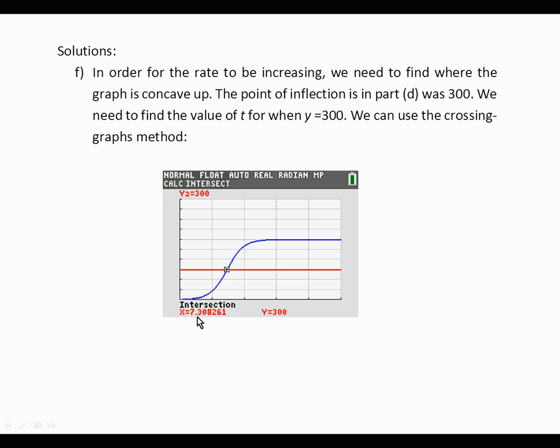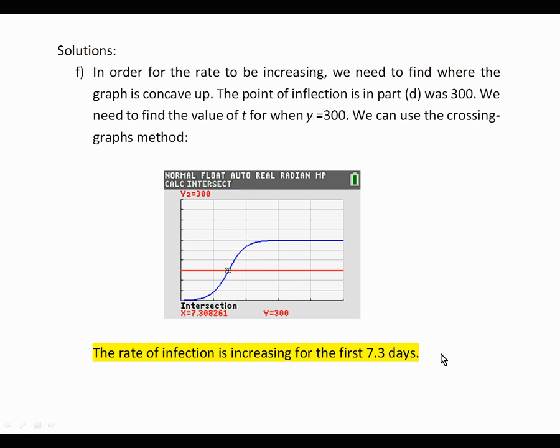The intersection point was 7.308, etc. So the rate of increase is increasing for the first 7.3 days. And then notice after that, the rate of increase starts to decrease.